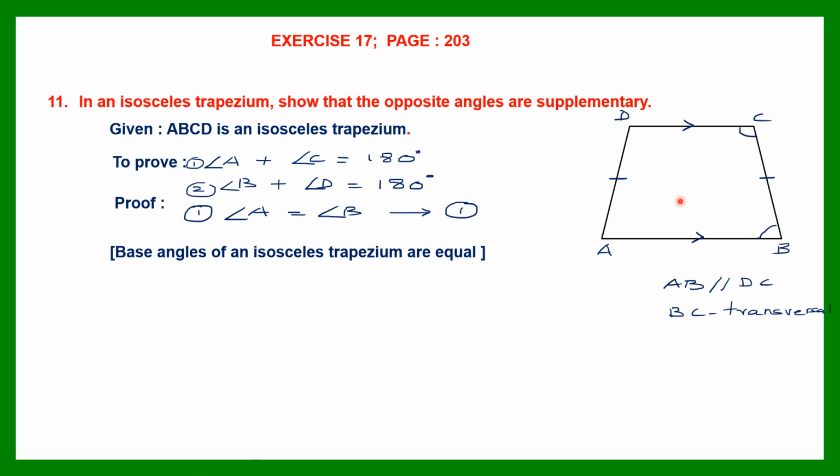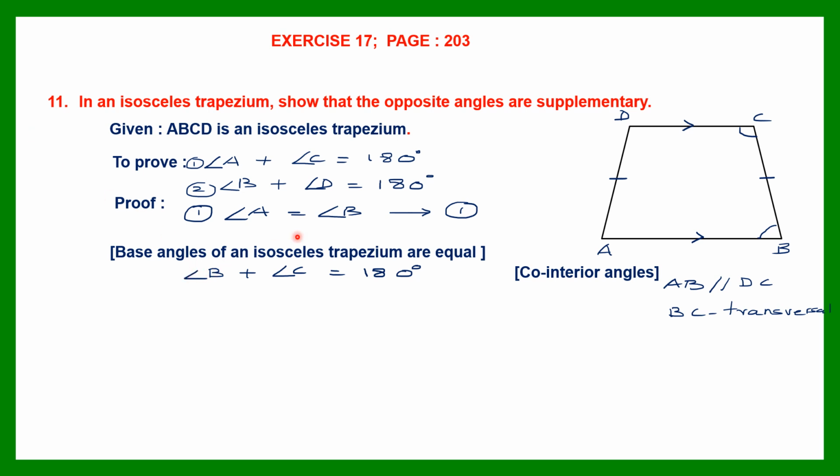Now AB and DC are two parallel lines. Now if this is the transversal cutting the two parallel lines, then angle C and angle B will be co-interior angles. And what do we know about co-interior angles? They are supplementary. So let's write that down here. Angle B plus angle C will be equal to 180 degrees. And the reason is co-interior angles are supplementary angles.